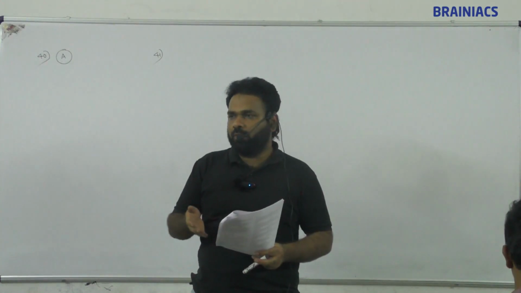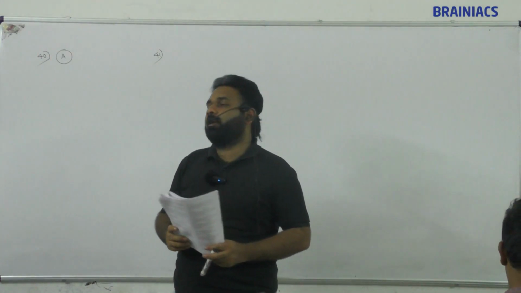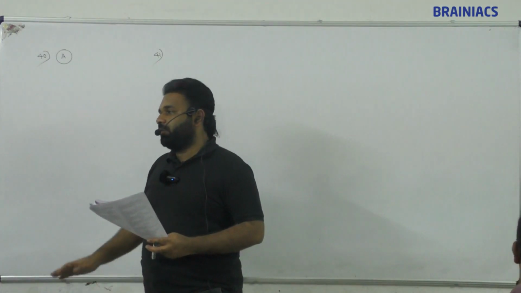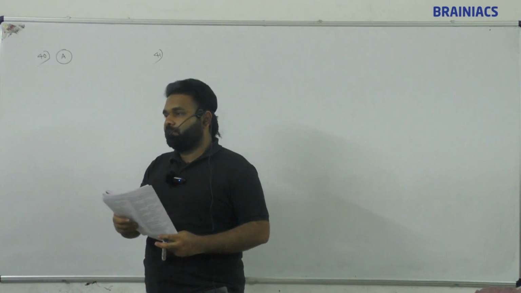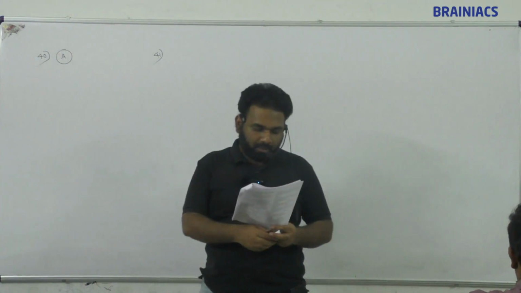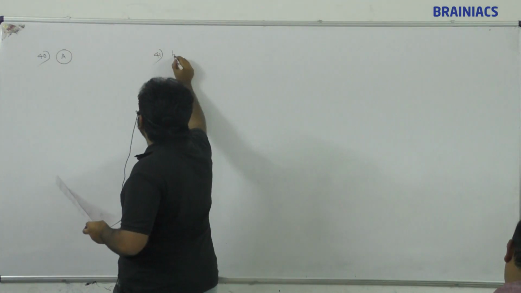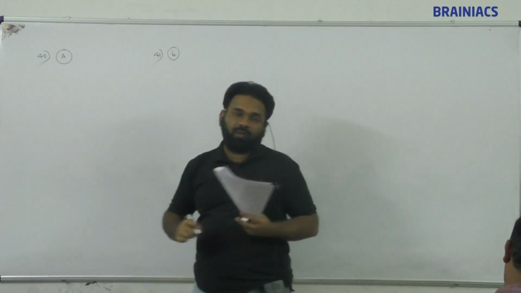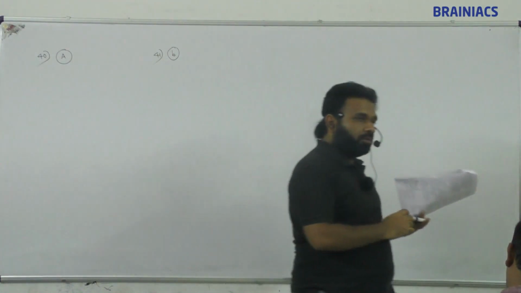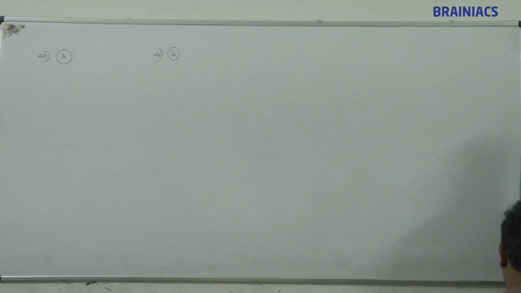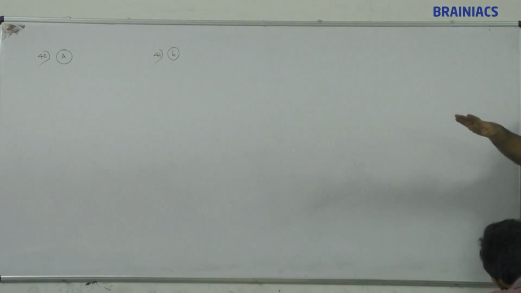Read that question, no need to do it. Already we have done that example in the conservative and non-conservative force example. The answer will be option B. Later you can check when you practice after going home. Any doubt? After reading it, if anyone has a doubt, tell me. Just quickly go through.